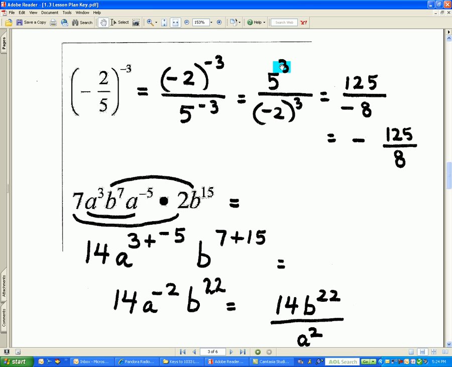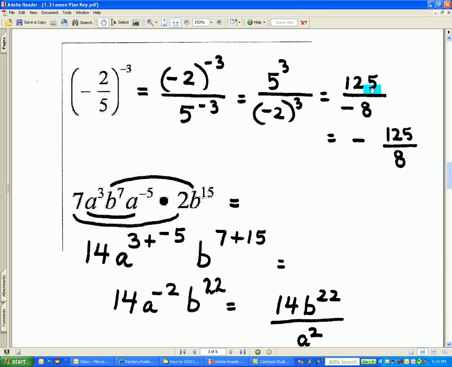Remember, negative exponents take reciprocals, so they change positions from denominator to numerator and vice versa. The -3 exponent in the numerator is going to appear in the denominator as a positive 3. Notice that the -2 doesn't change. It's not the base that's affected with the move, it's the exponent.